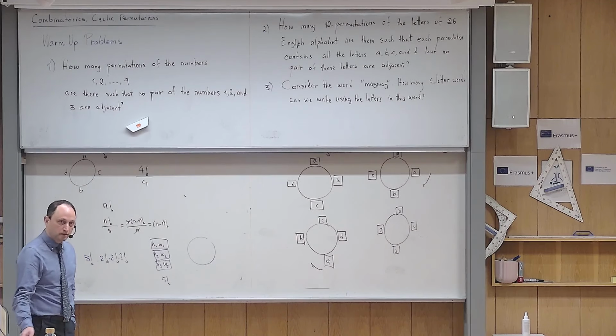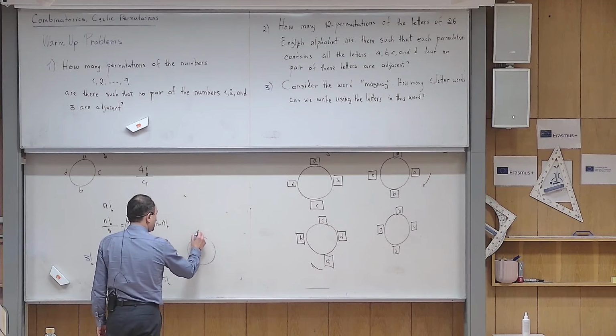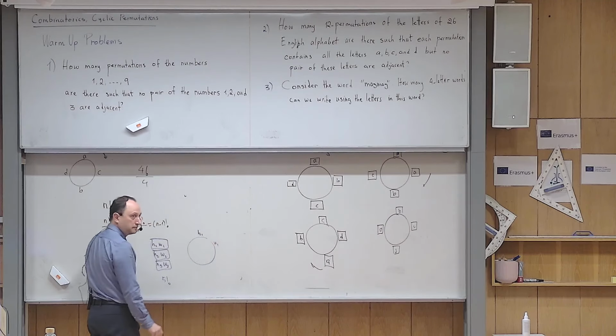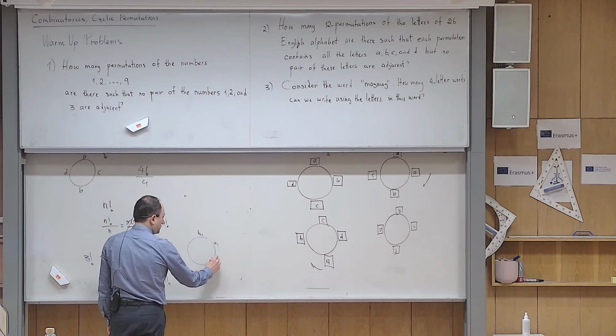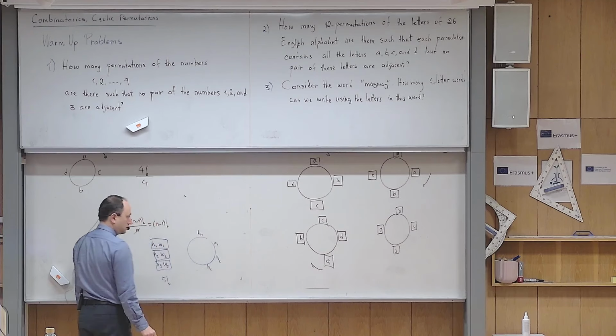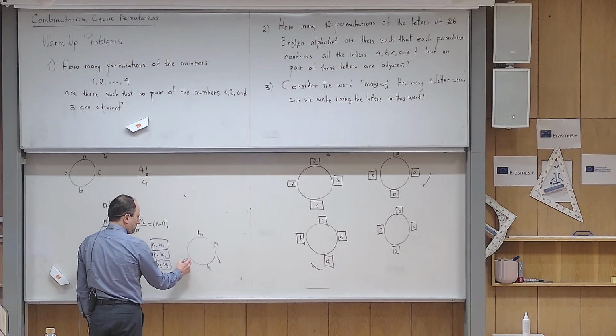Is the question clear? For example, one of the arrangements that is acceptable to me is H1 here, W1 here, and W2 here, H2 here. This is acceptable. And then let us say this is H3 and W3.